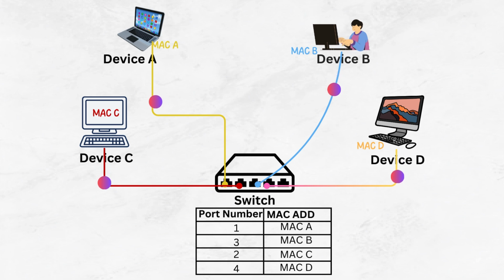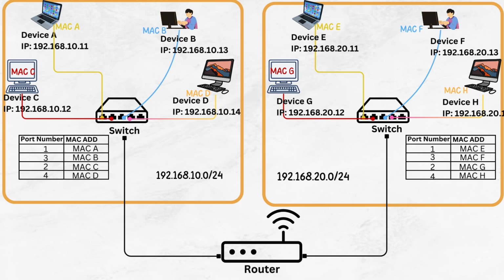Switches create separate collision domains per port, allowing simultaneous data transmissions and reducing collisions compared to hubs. However, they can't manage broadcast traffic efficiently. Routers solve this by breaking up the broadcast domain, improving performance.